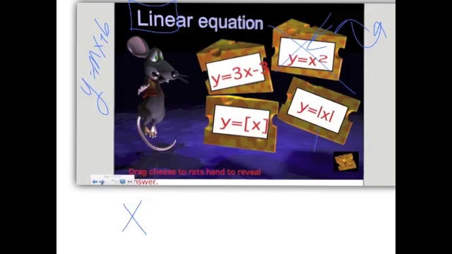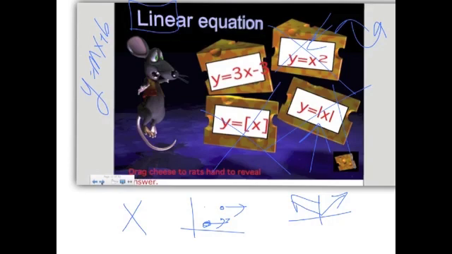The absolute value of x you have likely not graphed yet, but it would look something like that, which is also not linear. And this one is also not linear. That would look something like this. Oh, sorry, that would look something like that. And we will get to that another day. So the linear equation is the only one that actually fits what we know of as a line's equation, which is this one because of the single x.